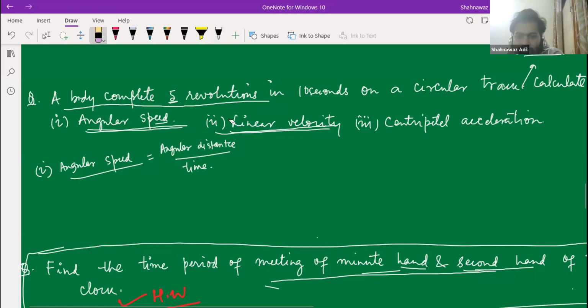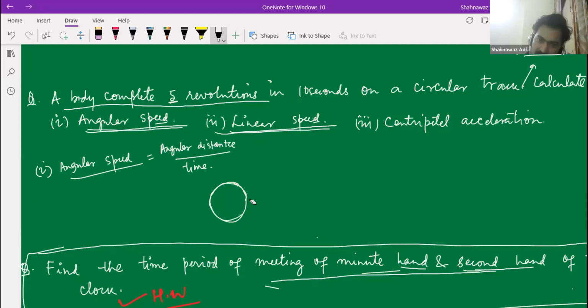Yes. How much is the angular distance covered? Let's say we have this circular track. In one revolution, it covers a 360-degree angle, which is 2 pi.